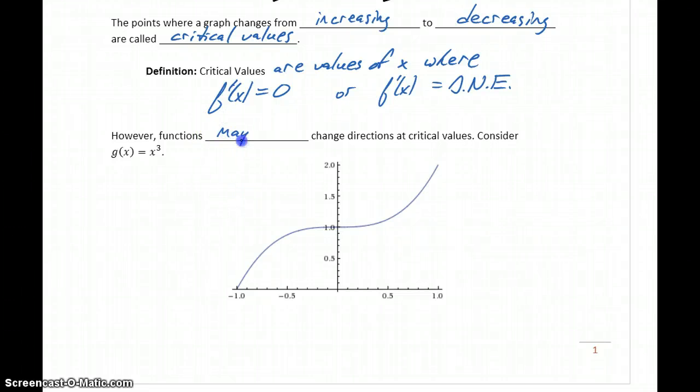However, we need to keep in mind that functions might not change direction at critical values. For instance, what we have below is the graph of y equals x cubed. This function is going to have a horizontal tangent line at x equals 0.